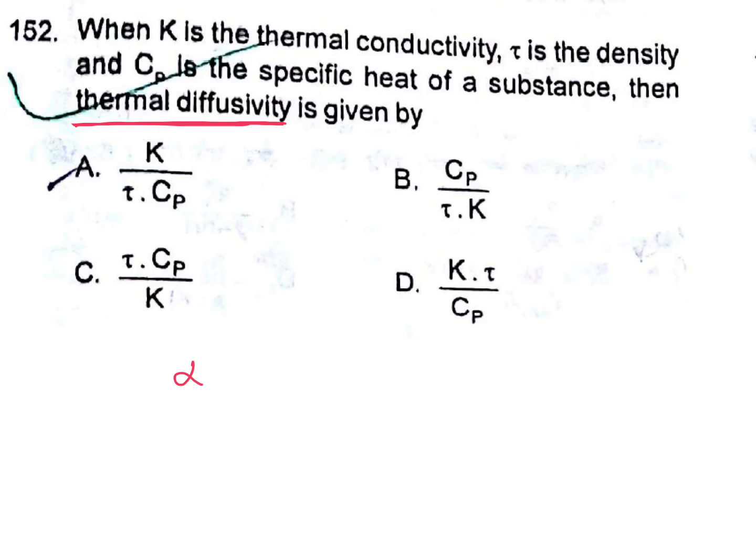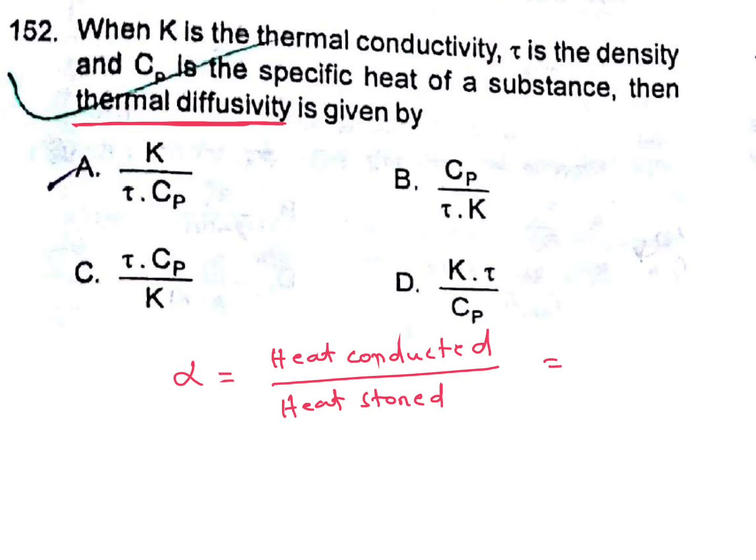Thermal diffusivity alpha equals heat conducted divided by heat stored, which is K by rho Cp.